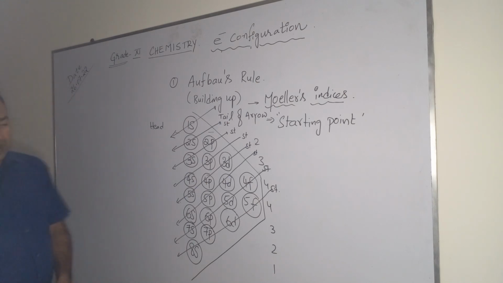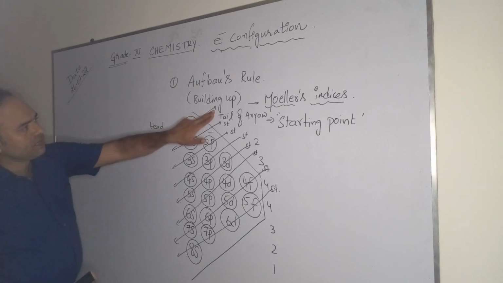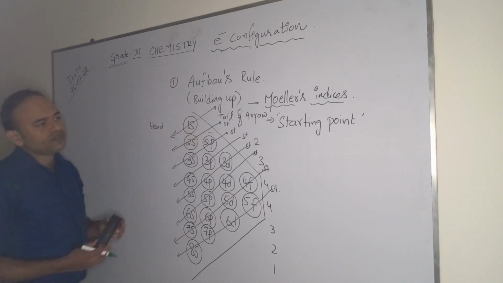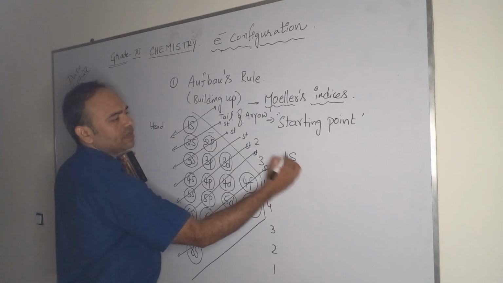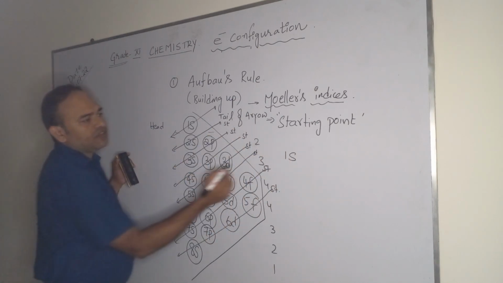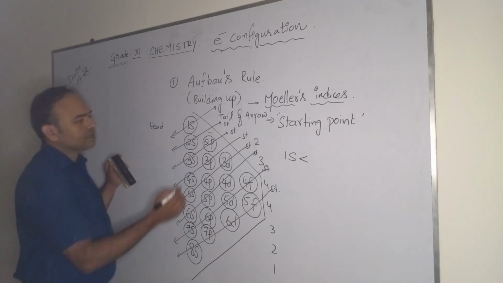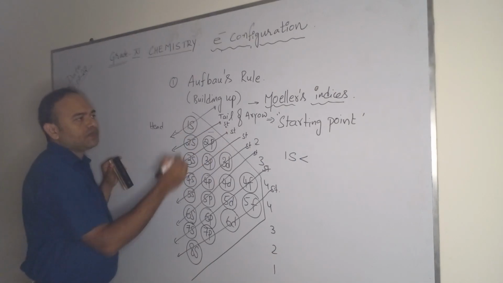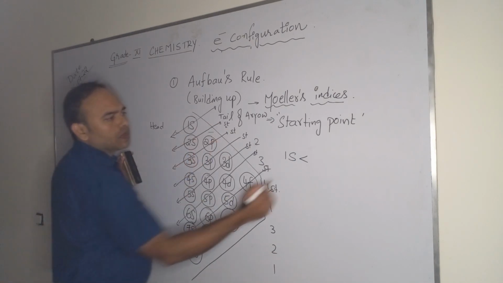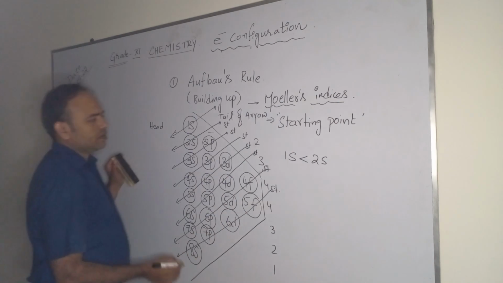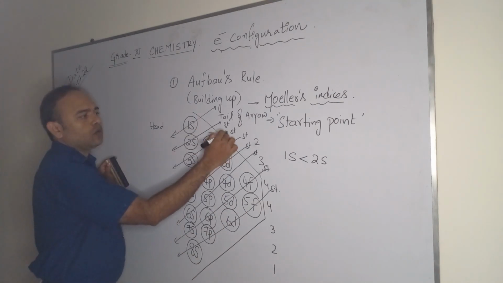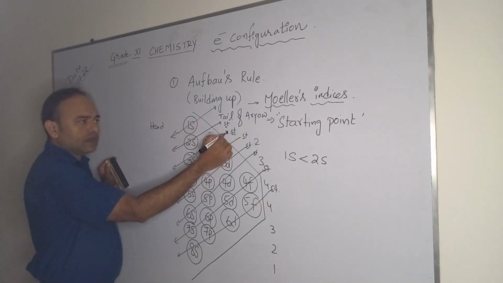Next, what we will do now: you started from here, so you are ending. Which is the first orbital? 1s. The energy of 1s is the least. Come from here, again a starting point. So the next orbital is 2s. Now again go back. Always the tail is your starting point. Now again come.